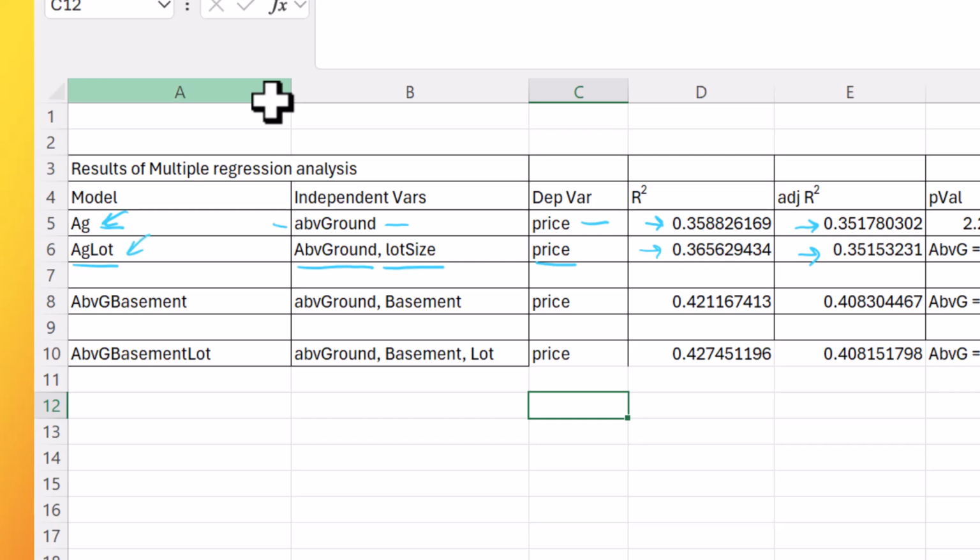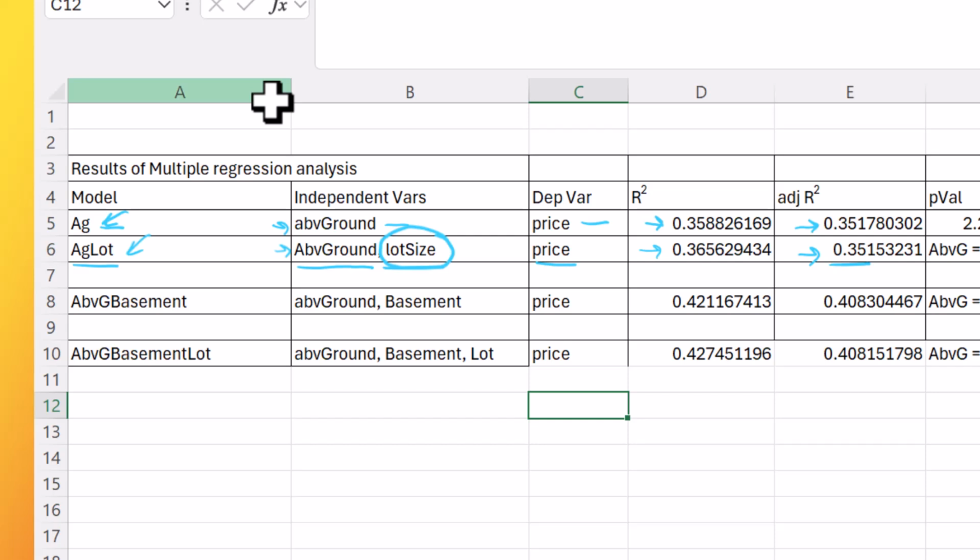When I see the adjusted R squared actually go down, what that's saying is the value, the utility that you're getting from lot size is not enough to justify in your model building the complexity of this variable.